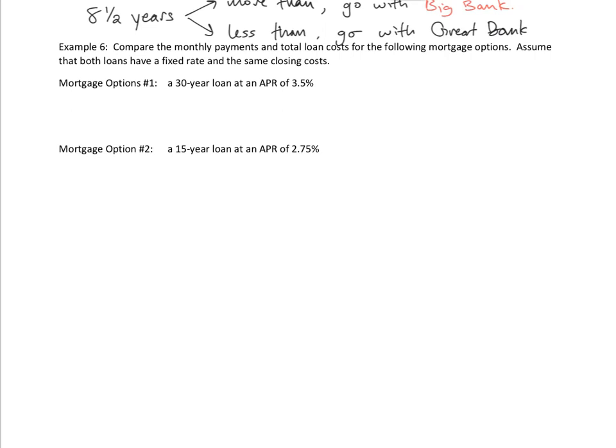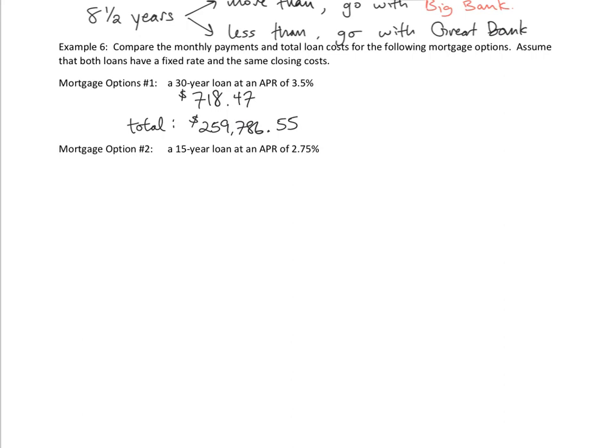The payment here for a 30-year loan with an APR of 3.5% is $718.47. And it turns out if you pay this for 30 years, you will pay a total of $259,786.55.